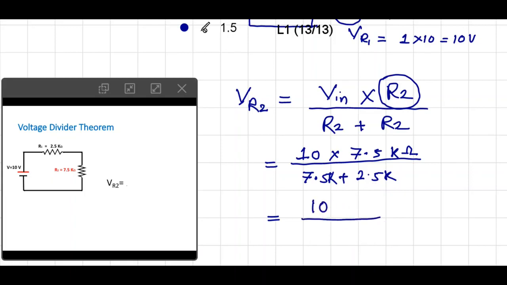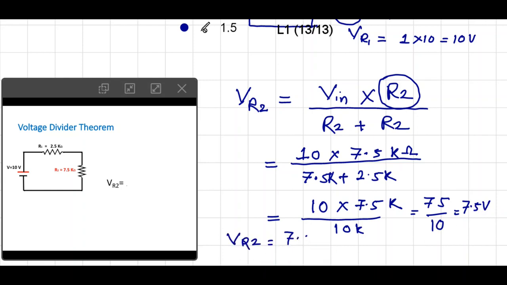So 10 into 7.5k divided by 10k. It turns to be 75k divided by 10k, and that is equal to 7.5 volt. So this is the voltage across resistance R2, that is 7.5 volt.